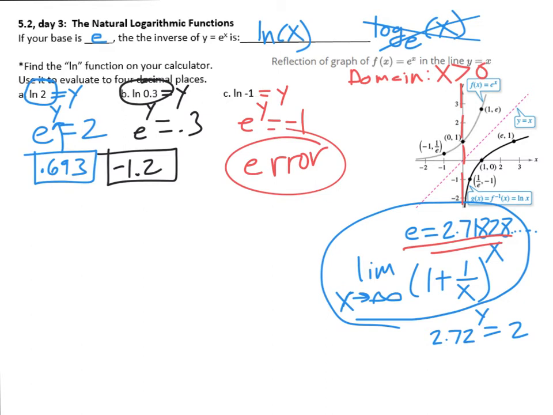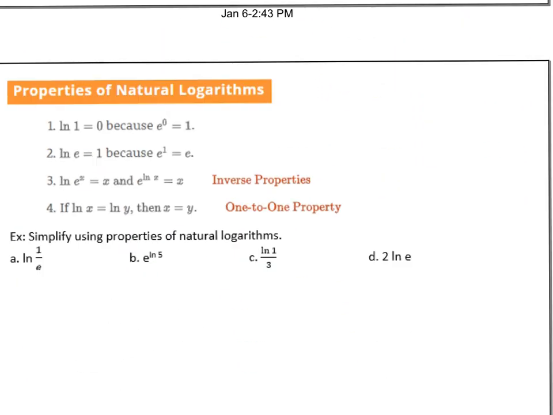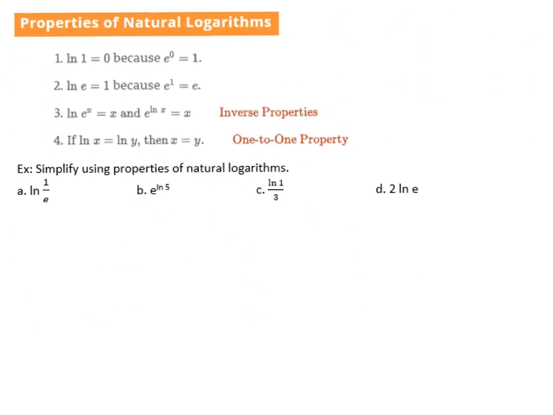It looks really similar. And really when we did the shifts and the transformations for log base 10, it looks pretty similar. Okay, nothing very enlightening here on the property side of things.